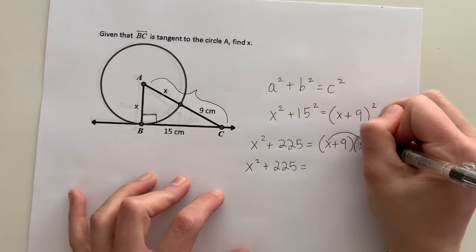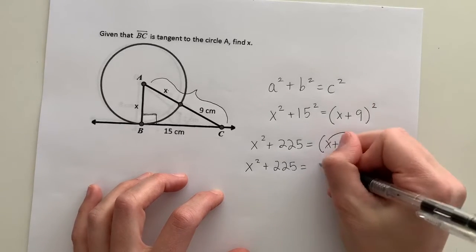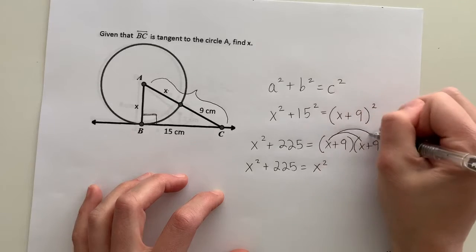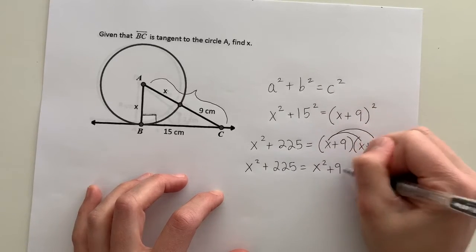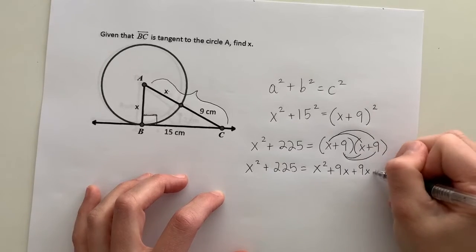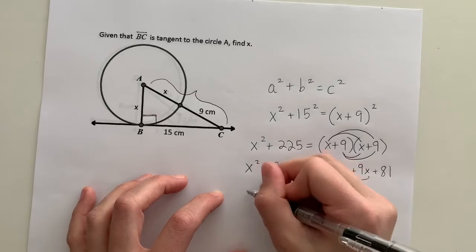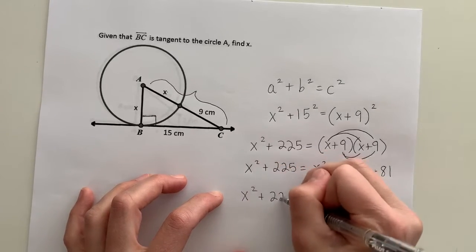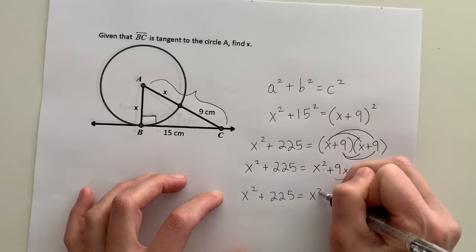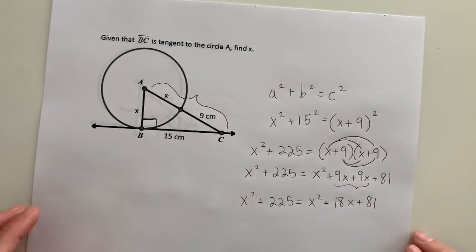Now I distribute both the x and the 9 to both terms. x times x is x squared, plus 9x, plus 9x, plus 81. I can combine those to be x squared plus 18x plus 81.